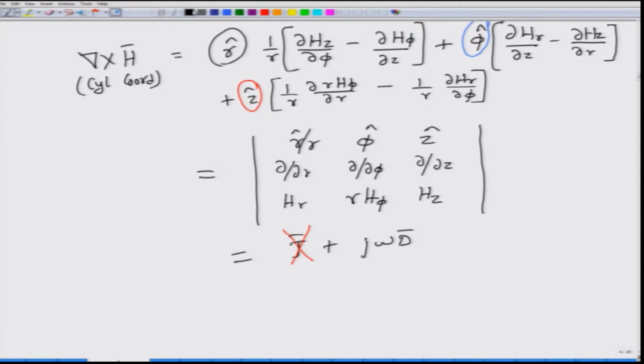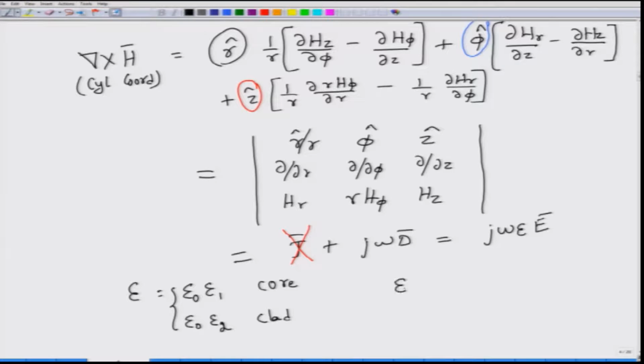There is one further simplification that you can make with this equation. You can say that this is j omega epsilon E, and the value of epsilon will be different for the core and different for the clad. So this is for the core and this is for the clad, where epsilon 1 and epsilon 2 are the relative permittivities.